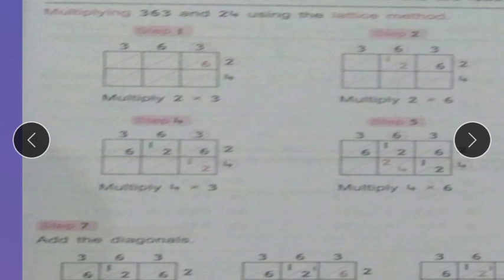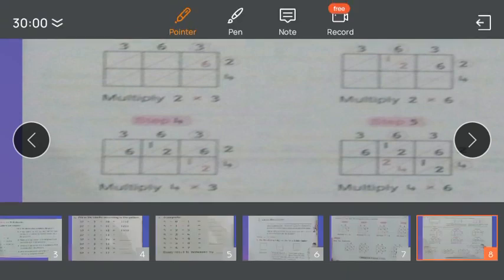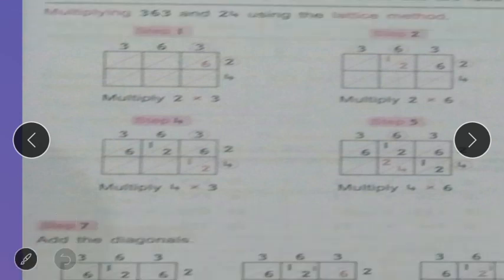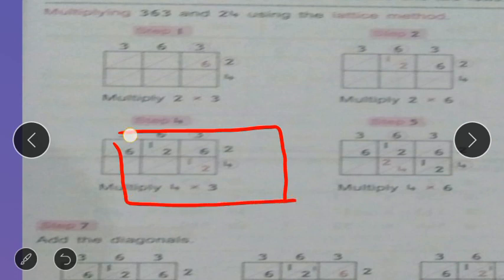So similarly you have to make a quite big box. There you made a 4 centimeter box, so here you can take a 6 centimeter box. It is a rectangular box, not a square, because here we have 3 digits.